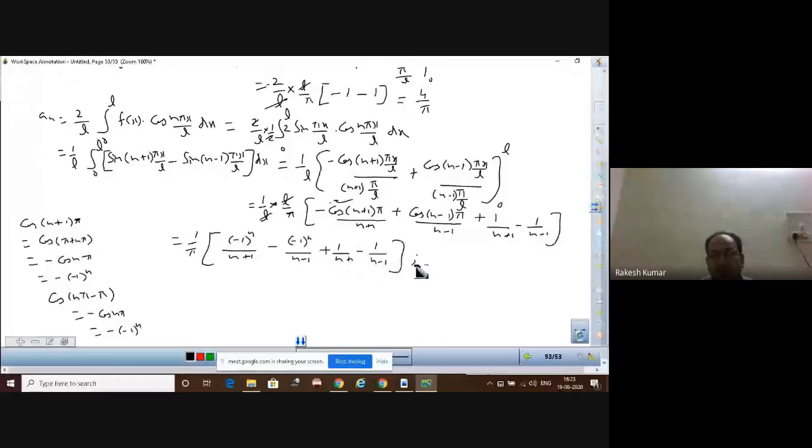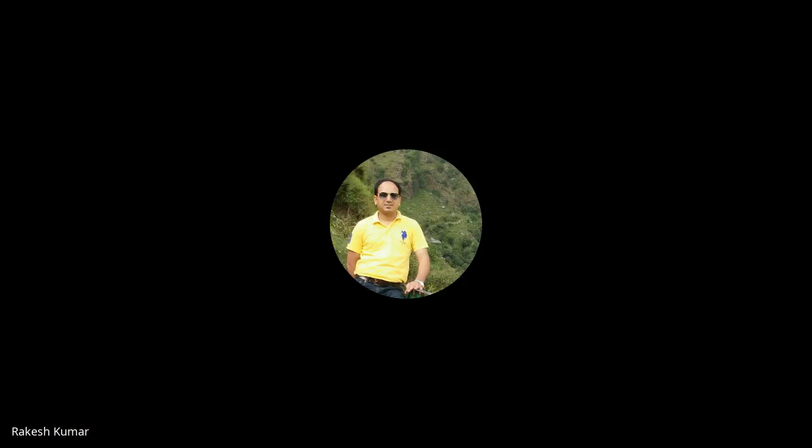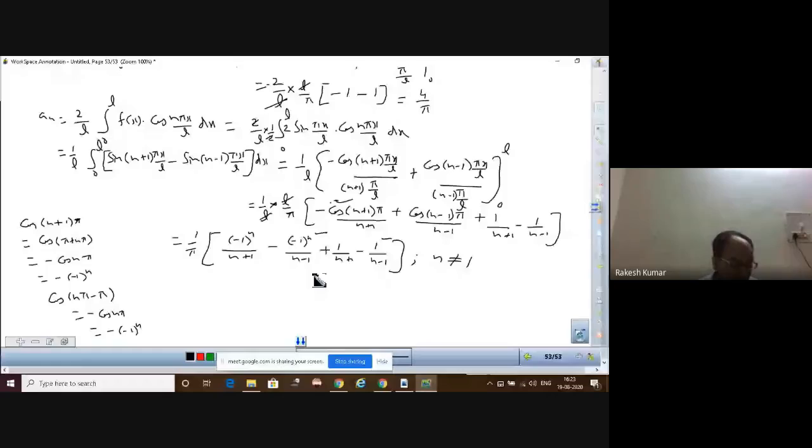Remember, this value will not exist for n equal to 1. Here you will get 0 in the denominator and infinite value in these fractions. So this case is not possible for n equal to 1.